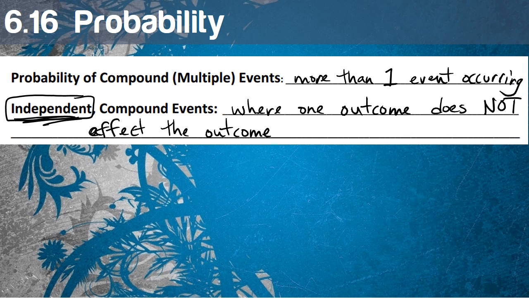So these are 2 totally separate games, or you might play one game and then, if you're dealing cards, put the card back in. In this case, it does not affect the outcome of the second event.